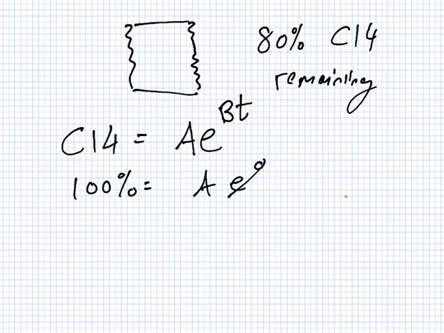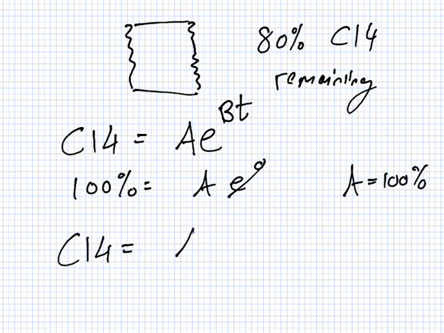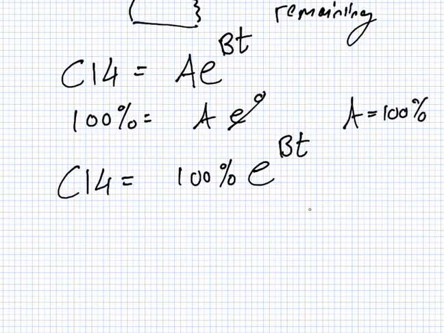So then what does A equal? 100%. So we have carbon-14 equals 100% EBT. Now remember I said after 5,730 years, how much carbon is left? 50%. And this is true.